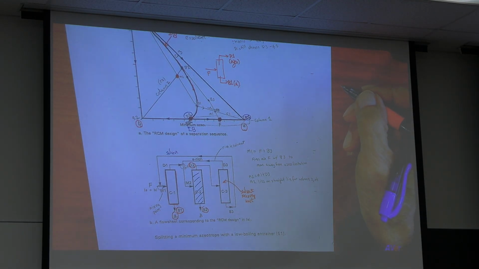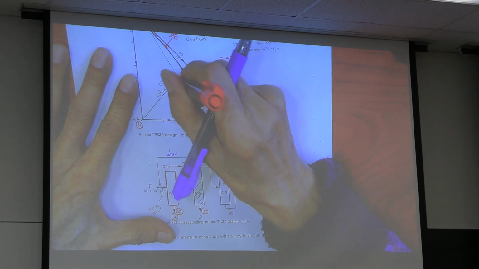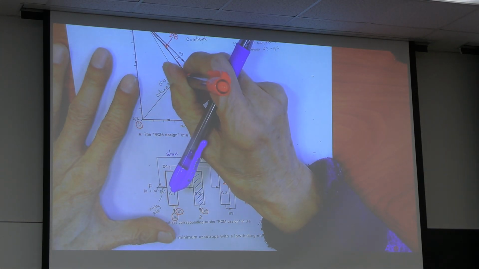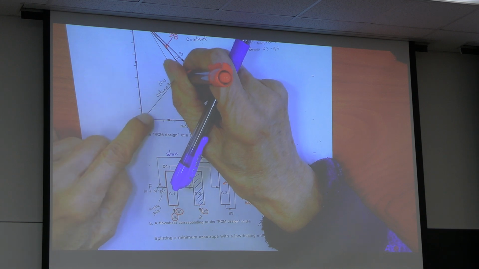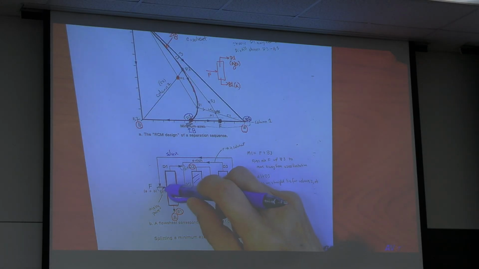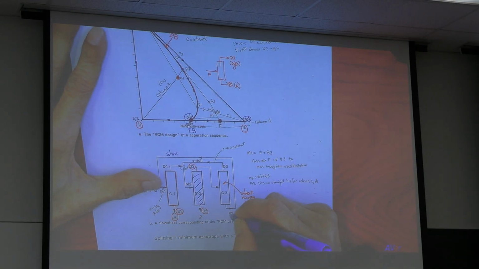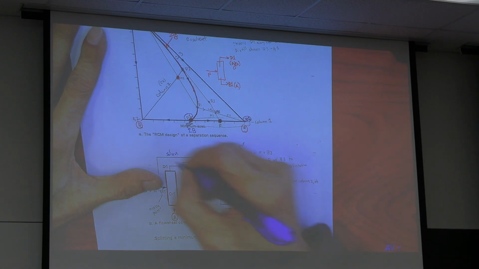Okay, the idea is, how do we create a new feed in this region? So we have a rough idea of a 3-column sequence. How about the details, the tricks? D3, B3.